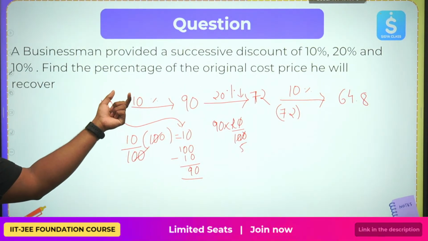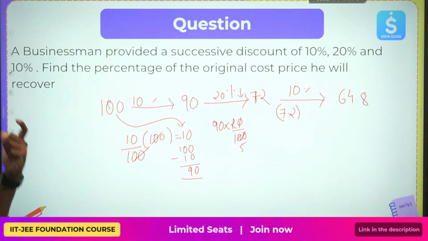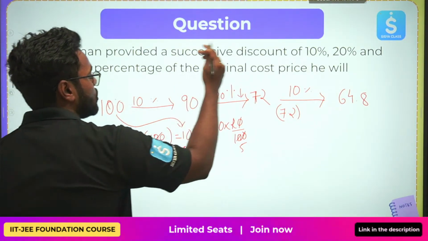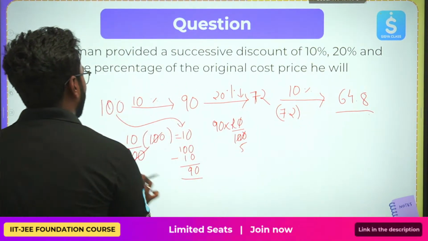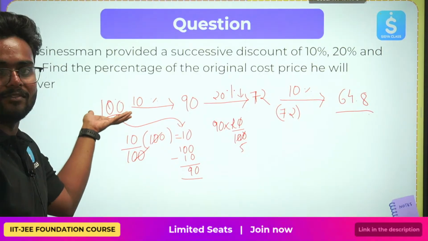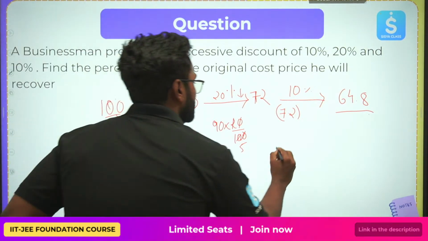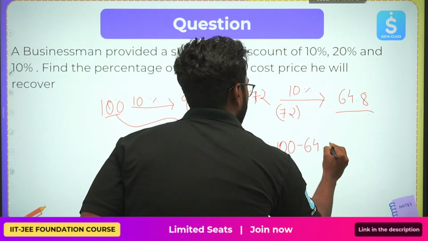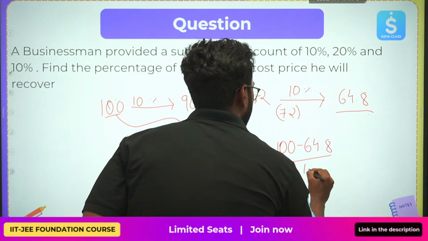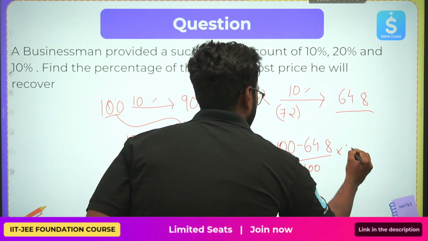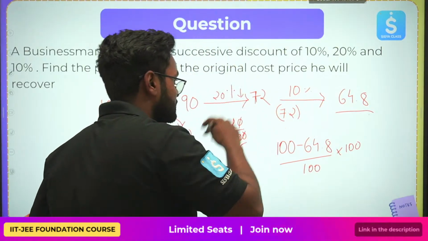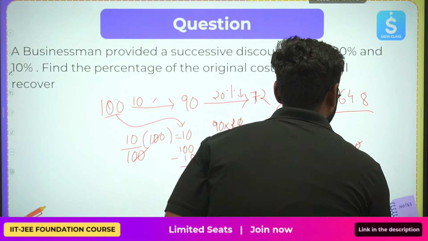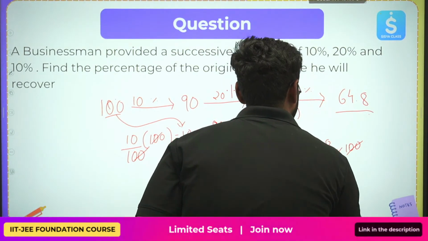Find the percentage of the original cost price he will recover. He's just asking me the percentage change. I can subtract the final value from the original, divide it by the original value and multiply it by 100. 100 minus 64.8 upon 100 into 100, right? 100 cancels. Let me check.